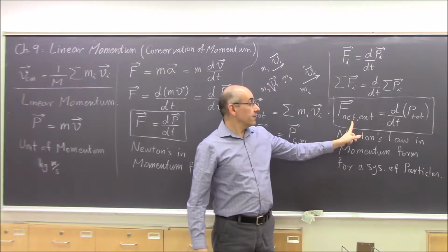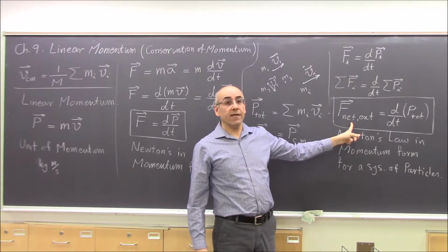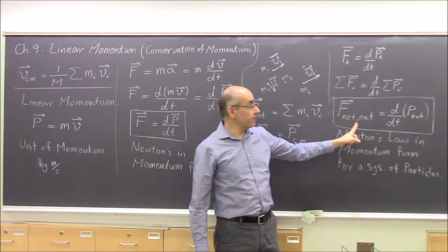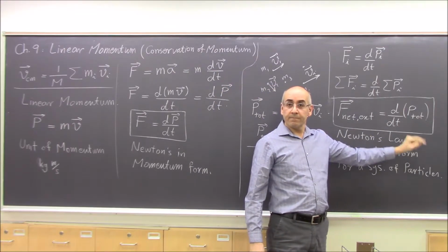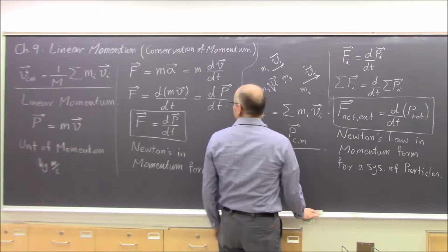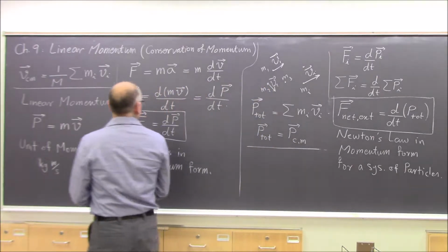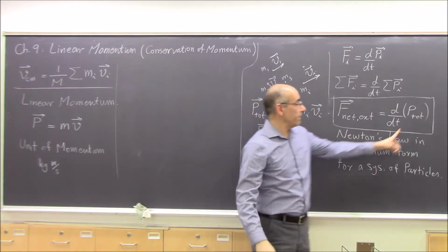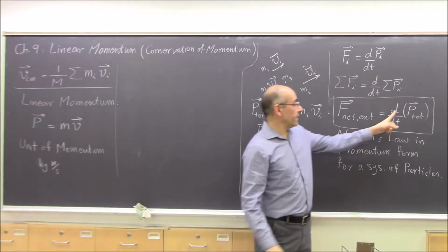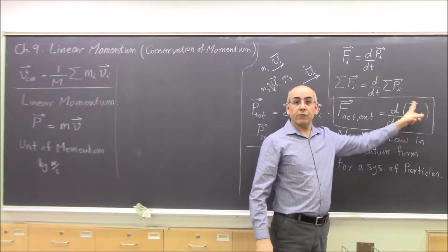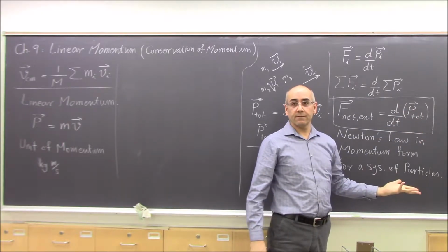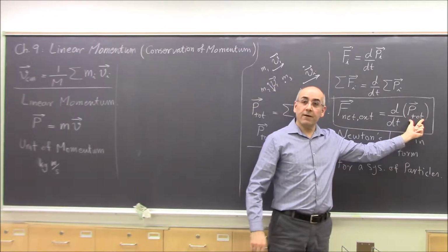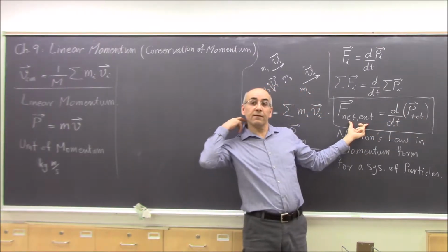And now, see what happens if the net external force on a system is 0. What can you conclude? What can we say about the momentum? Yeah, the derivative is 0, means that the quantity is constant, right? The derivative of total momentum is 0 if the external force is 0.